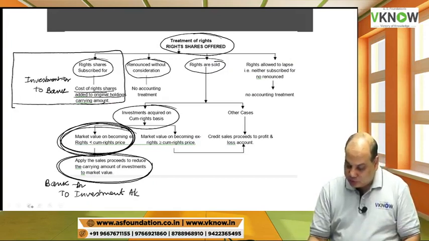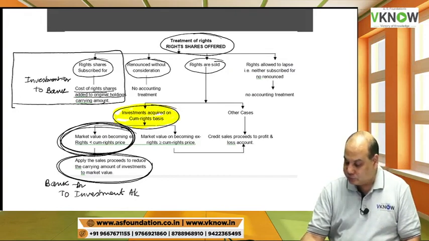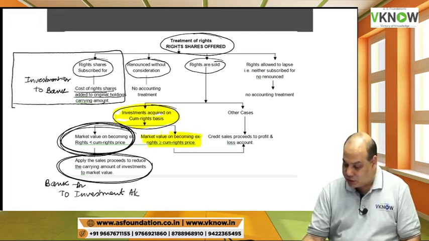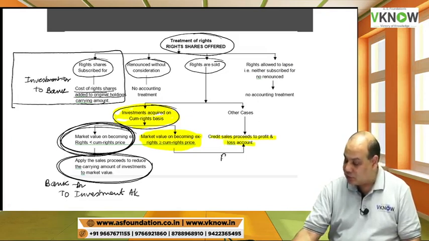Now look at this next scenario. Shares are acquired on cum right basis, but market price is higher after they become ex right. Then you will transfer the sale proceeds of rights to P&L account.